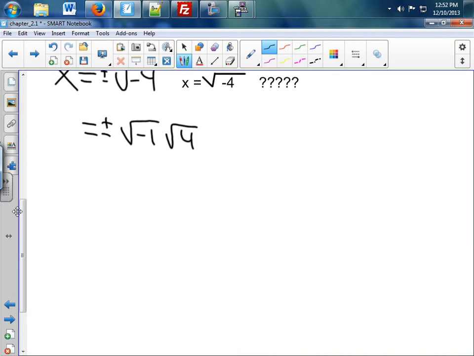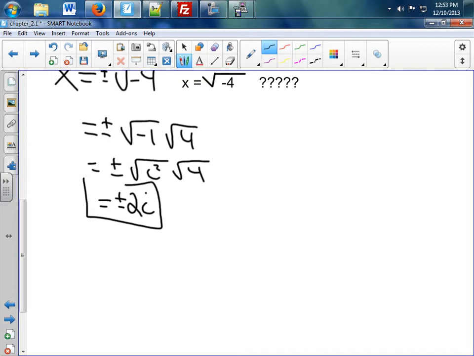Instead of a -1, I can put in i squared. What's the square root of i squared? i. What's the square root of 4? So you put the 2 in front. And that is your answer.